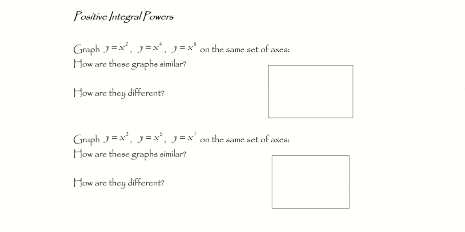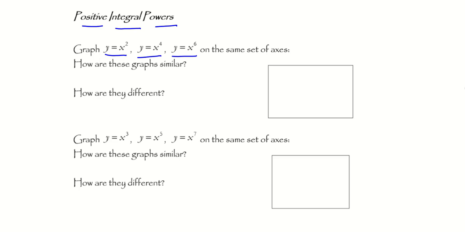Okay, now, let's look at power functions where we have positive integral powers. So that means our powers are integers, 1, 2, 3, -1, -2, -3, and so on, but they are positive. So this is where I want you to pause, and I want you to use your calculator to graph y equals x squared, y equals x to the 4th, y equals x to the 6th on the same axes, right?